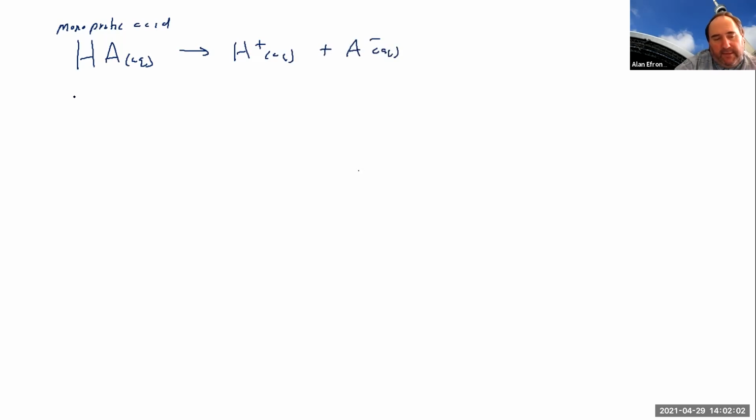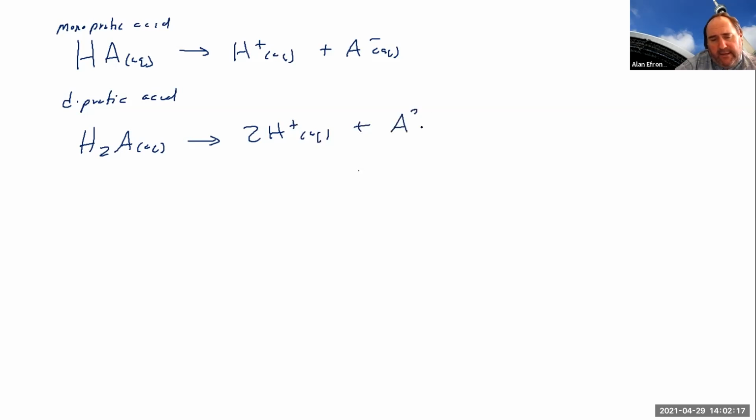We have diprotic acid, which would be represented by H2A. This would break apart into 2 hydrogens, and the A here, the negatively charged anion, would have a -2 charge.